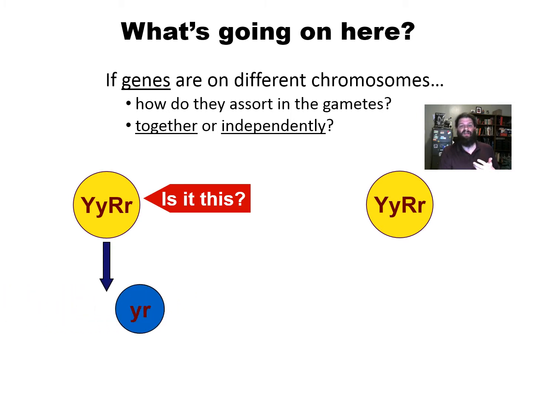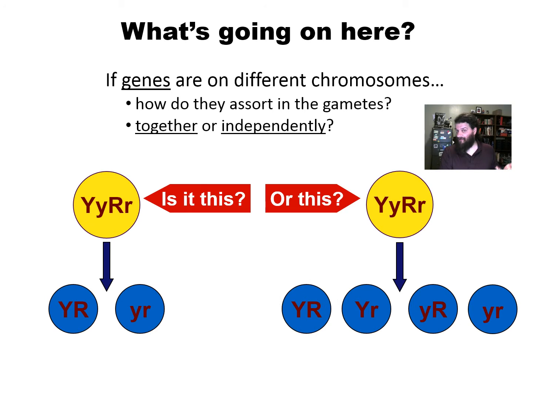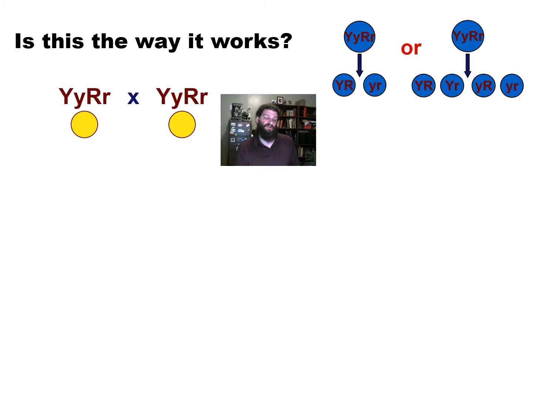What this means is, if you get a recessive allele for one trait from that parent, do you get the other recessive alleles or other traits from that parent as well, like a unit, or do they independently segregate so that you have all different combinations of dominant and recessive alleles for either trait? So let's check it out and see which way actually works.